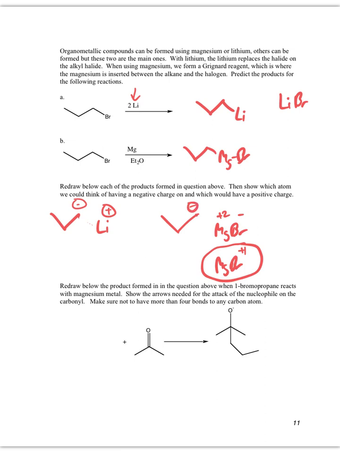We also know that between carbon and lithium, or carbon and magnesium, when we go through the mnemonic in the syllabus, carbon is more electronegative than any of the metals, so it's going to have the more electron density on it with a positive on the metal.